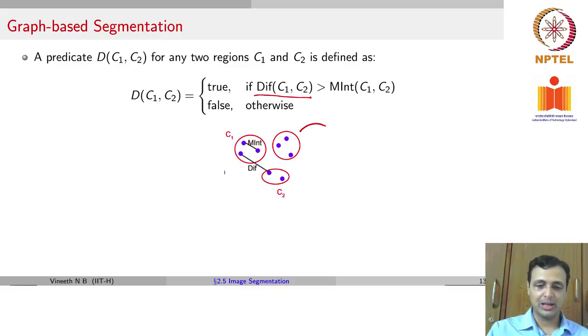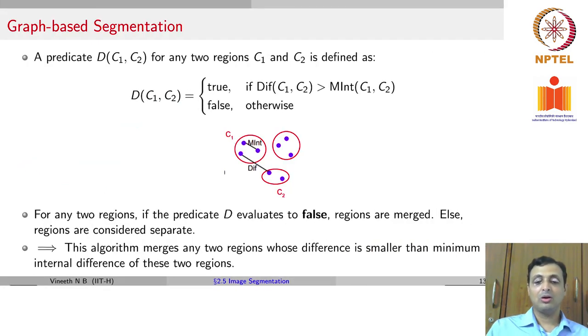This illustration should help you understand this a bit better. Remember, diff is the minimum edge weight between two regions, whereas minimum internal difference is the minimum of the internal differences within each of these, C1 and C2. So if the difference between the two regions is greater than the minimum internal difference, you do not want to do anything. If it's the other way, regions would be merged.